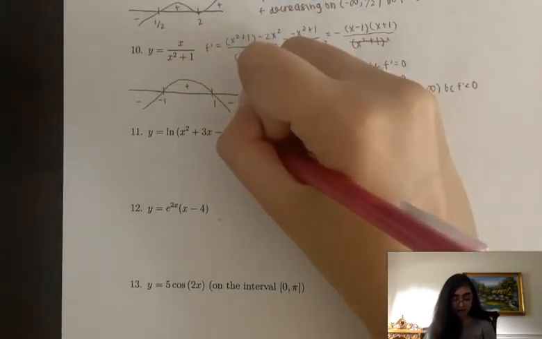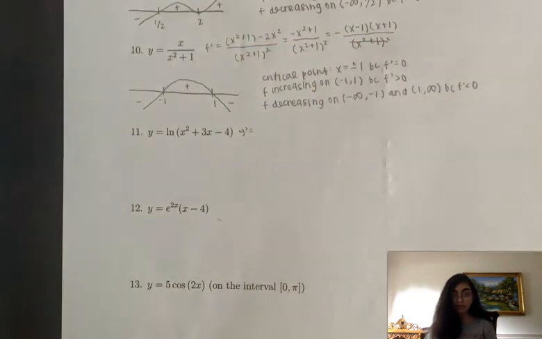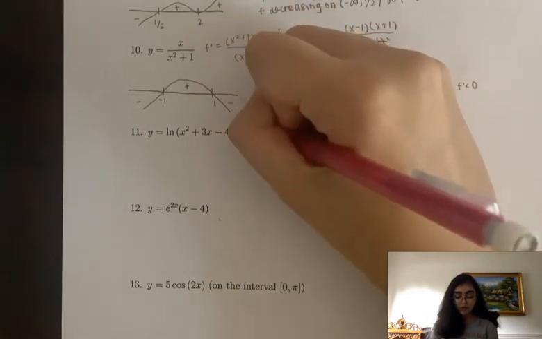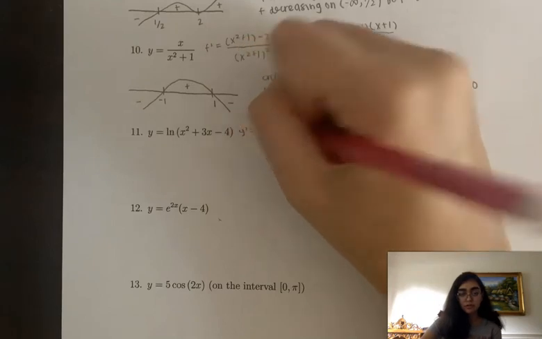Now we're moving on to number 11. Number 11 is going to use the chain rule, so be on the lookout for that. And our derivative will be 2x plus 3 over, and then I went ahead and factored what's going to be on the bottom.